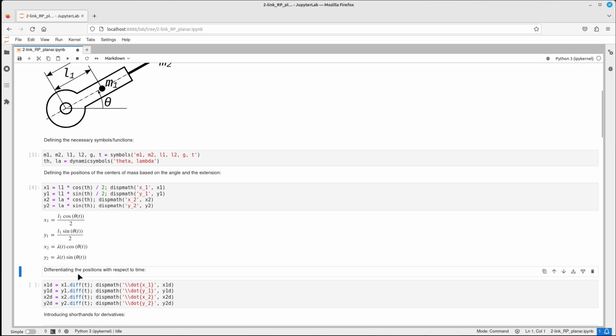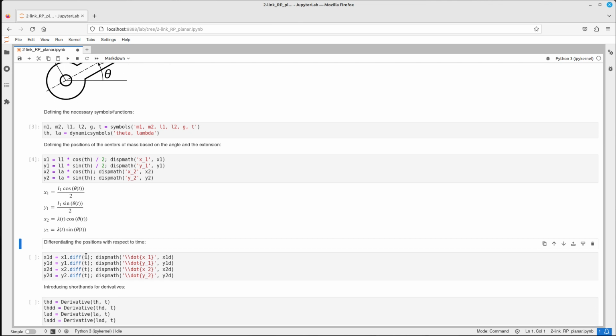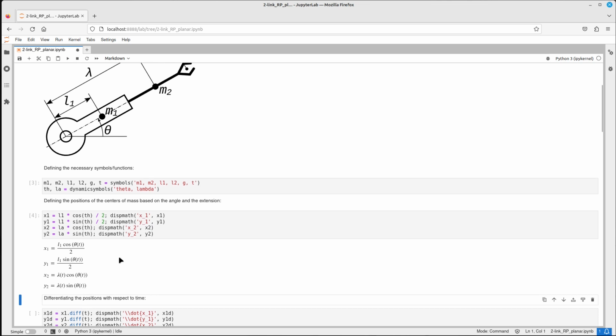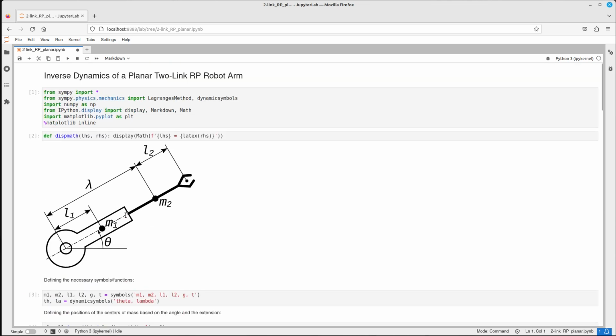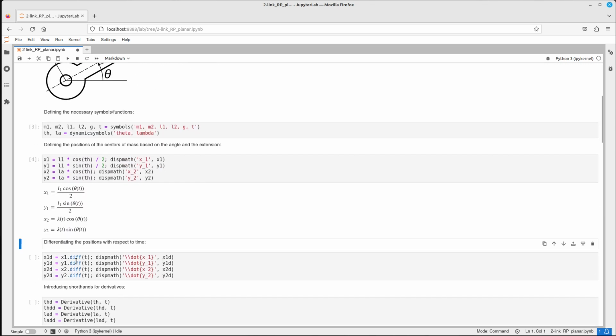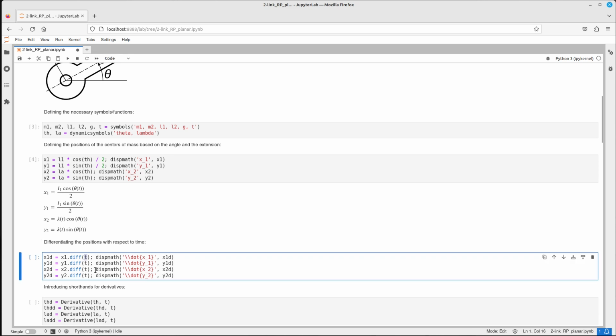So the next step is to differentiate the positions with respect to time. So we are using the method or the function inside the SymPy library, or this module, and we specify that we want to do it with respect to time.